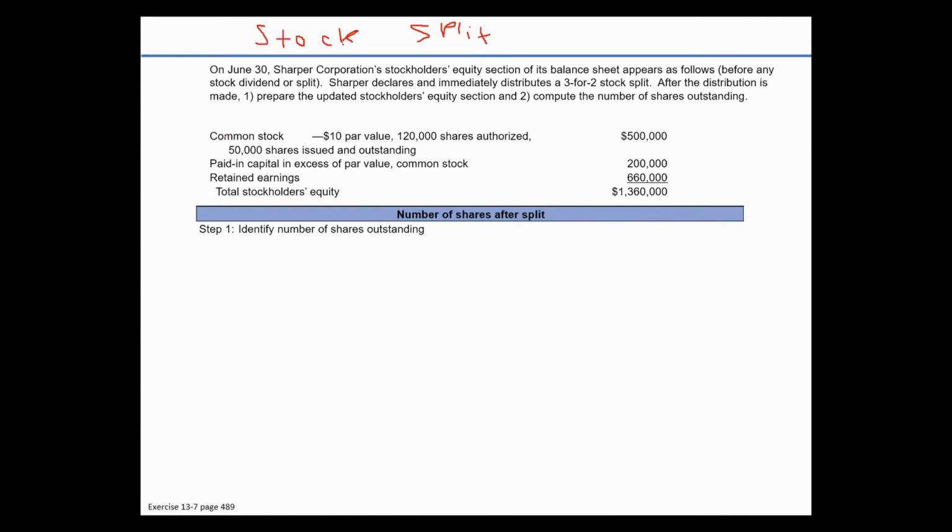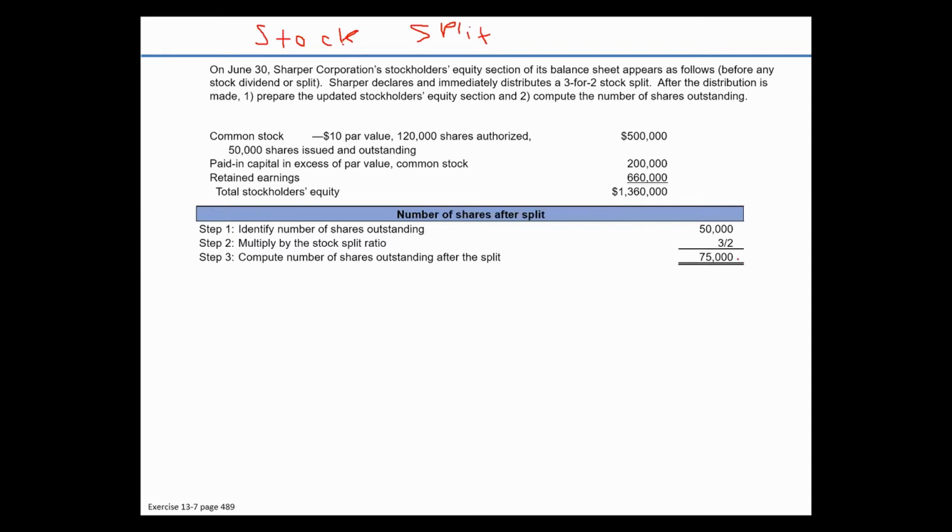So again, we want to figure out how many shares we're going to have after the split.